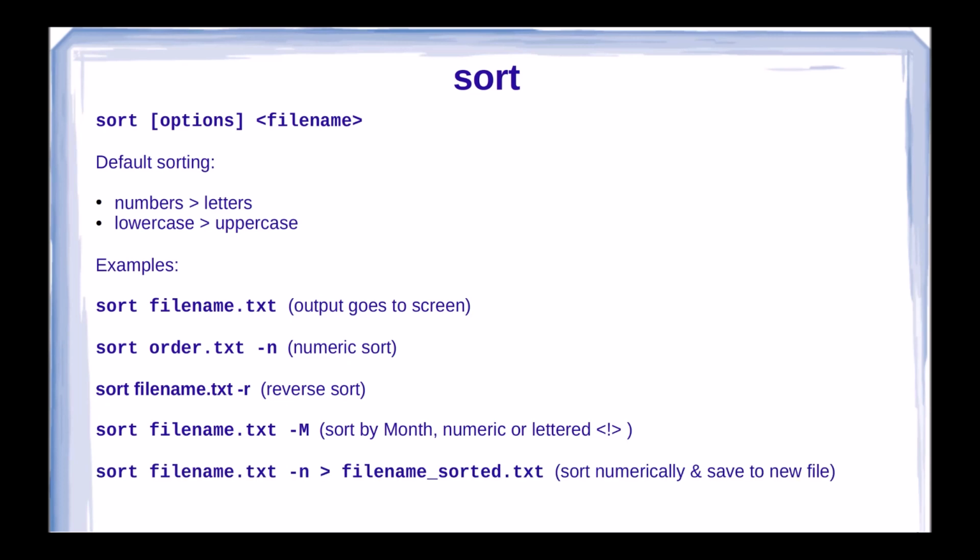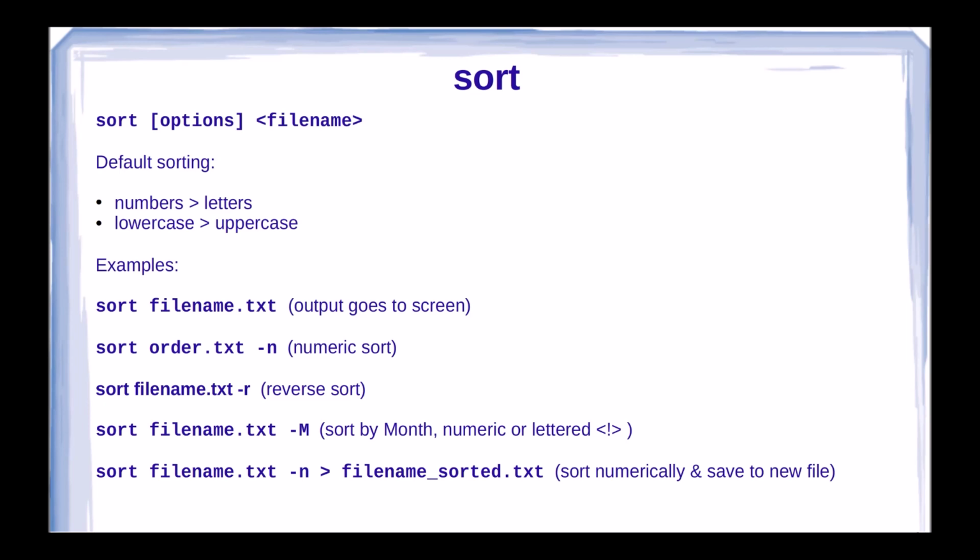See, here's another command I haven't shown you yet. Sort filename.txt by numeric sort, and the right arrow there says send it to a new file, filename-sorted.txt. In other words, this will sort numerically and save it in the new file. By the way, if you ran this on a different file and sent it to the same file, it will overwrite it.